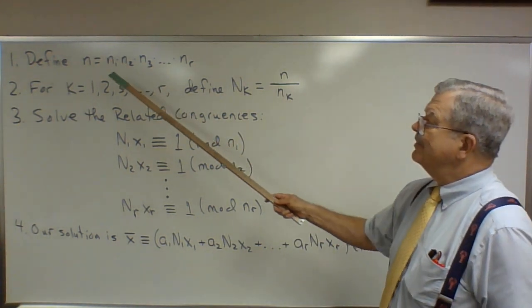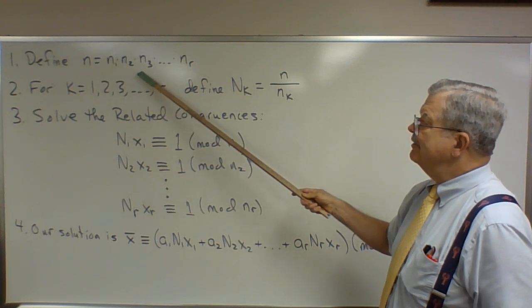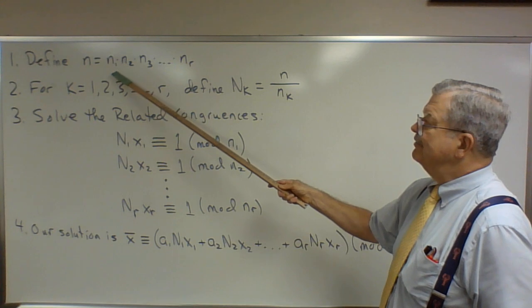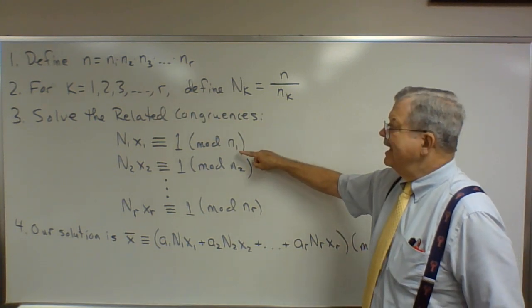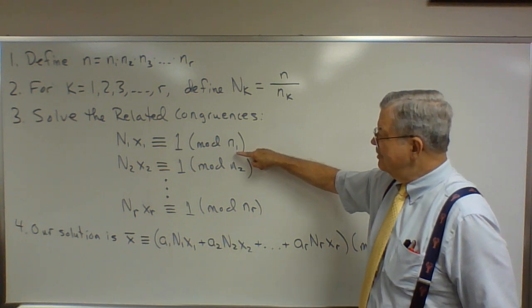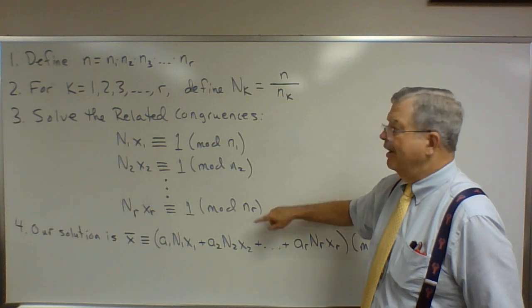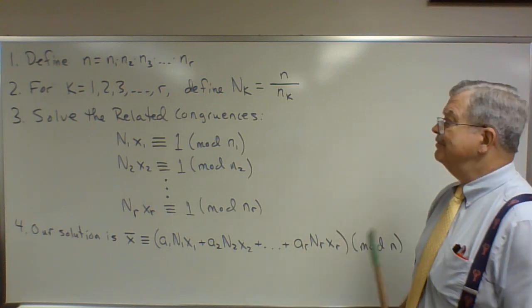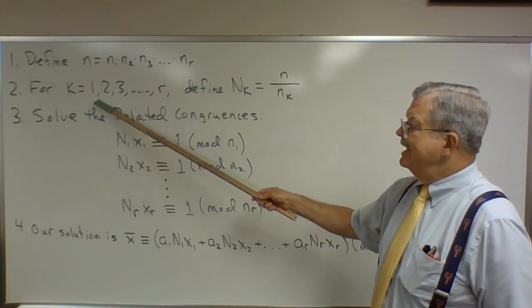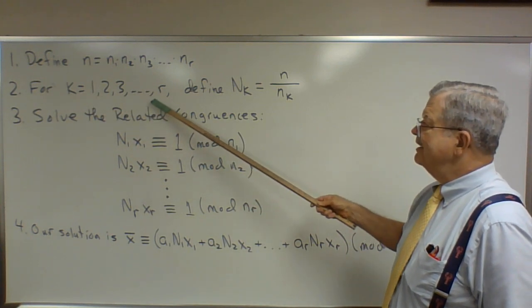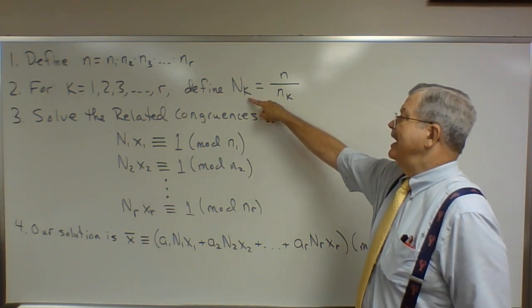First step, define n, and n is the product of the n sub i's: n sub 1, n sub 2, through n sub r. Lowercase n is the product of n sub 1, n sub 2, dot dot dot, n sub r. Second step, for k equal 1, 2, 3, dot dot dot, r, define capital N sub k.